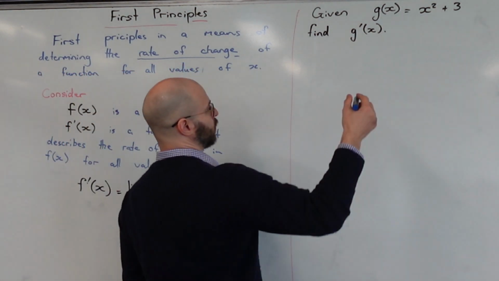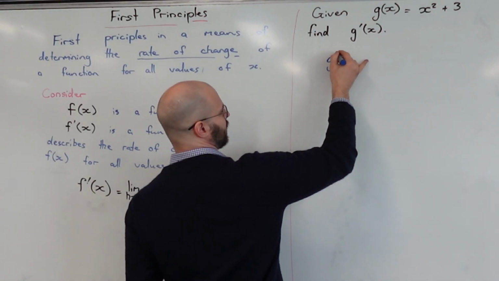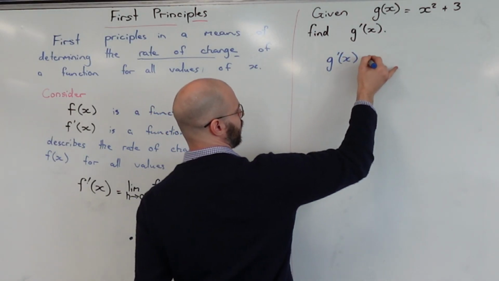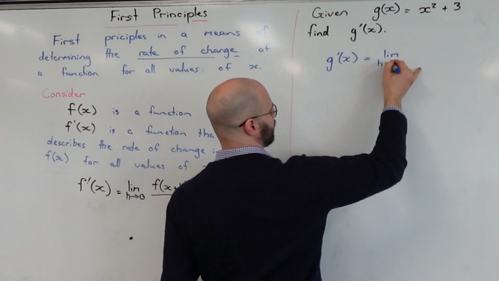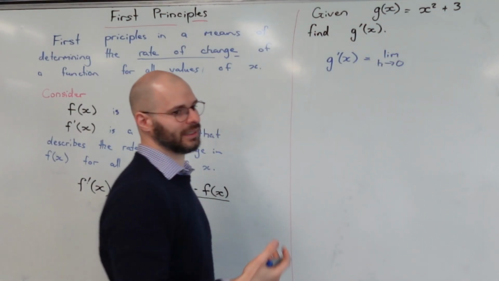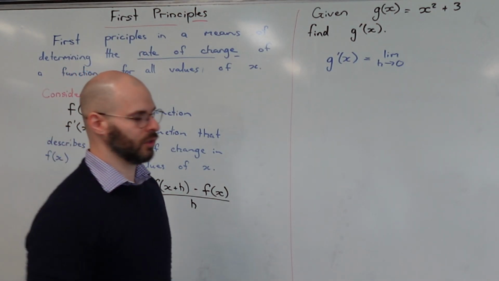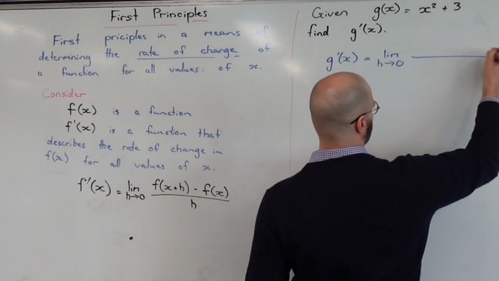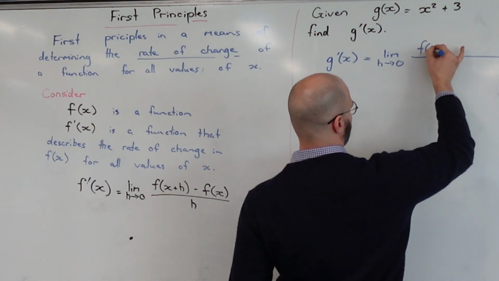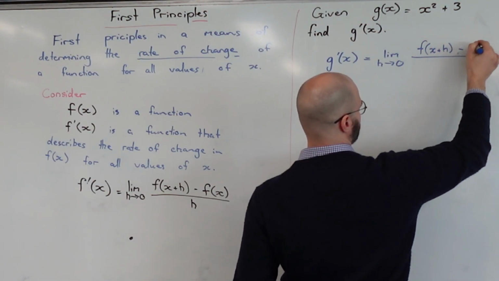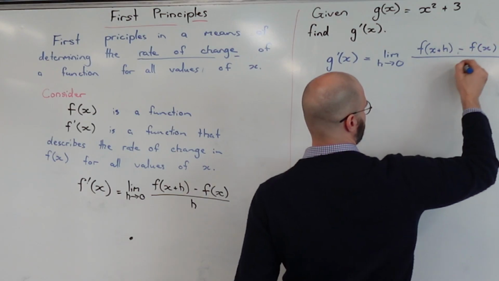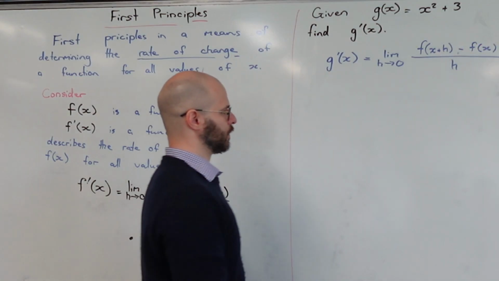Okay, so let's apply this. g dash of x is going to equal, we apply a limit where h is approaching 0, or basically becoming 0. We prepare our first principles formula: g of x plus h, take g of x, and we're dividing it all by h.